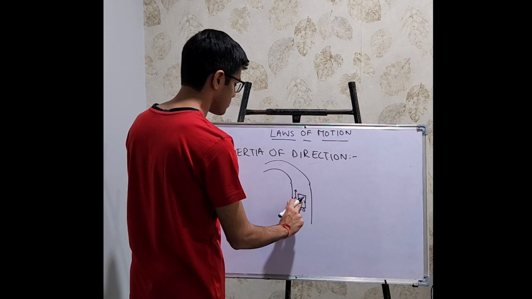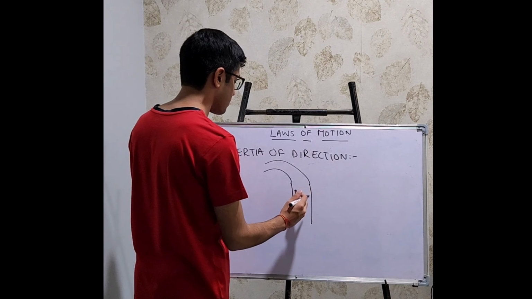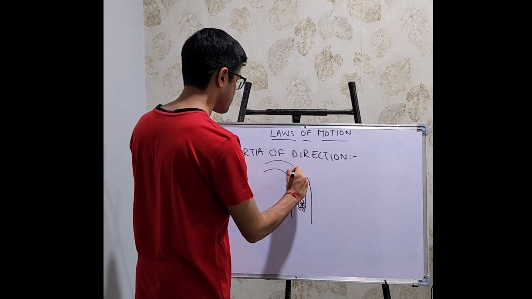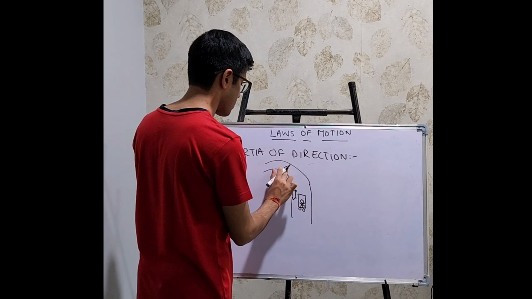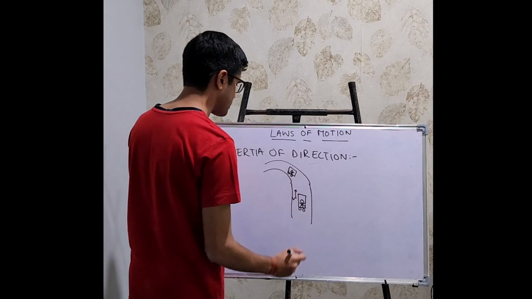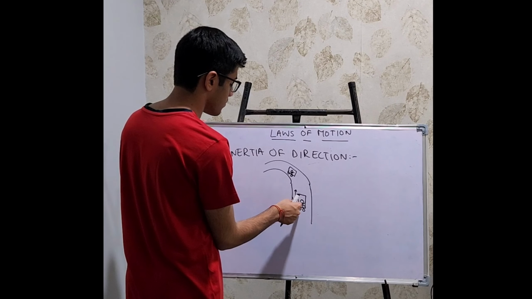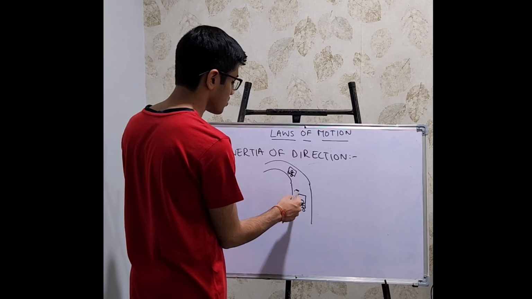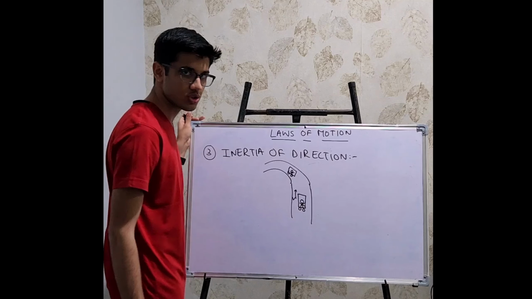There is a passenger sitting inside the car, and when this car comes at this point and takes this turn, the passenger wants to remain in this direction of motion, wants to remain in the rectilinear motion.